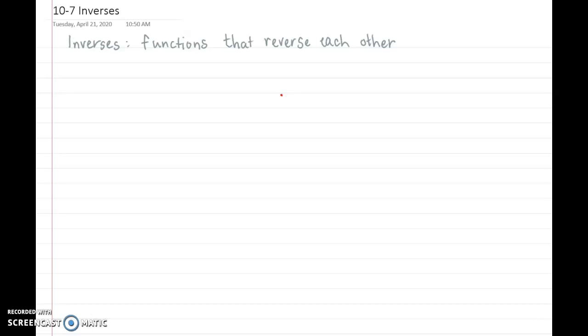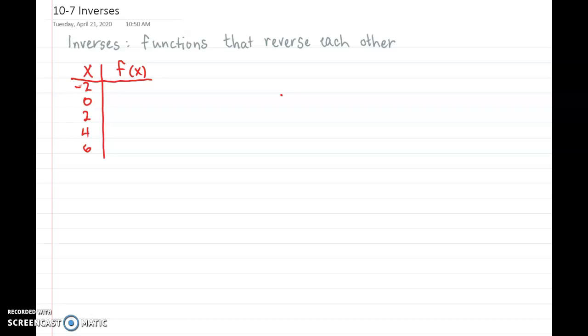So I'm going to give you an example of a table. Here's a function, and one way we can define a function is as a table. So we have x and f of x. We might have x-coordinates like -2, 0, 2, 4, 6.